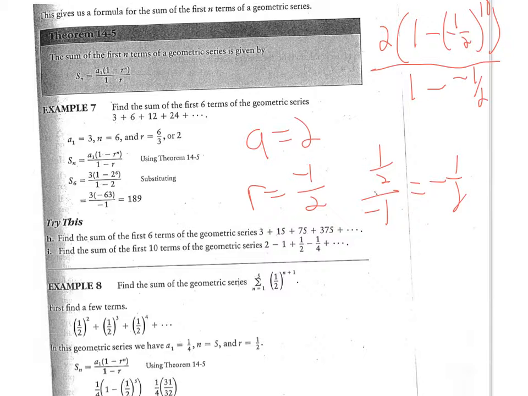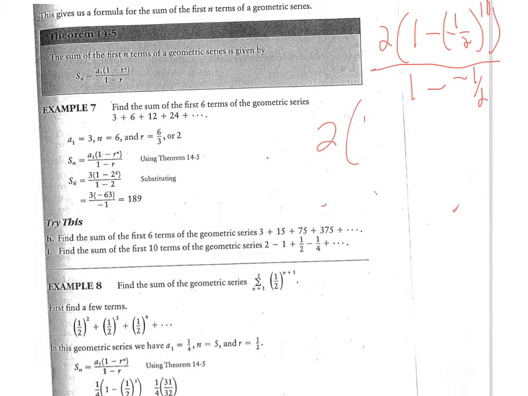Oh, 1024. So here, let me clean this up a little bit. I'm going to get 2 times 1 minus 1 over 1024, all over, then you have to pay attention to the minus and minus, so that gives me 3/2.